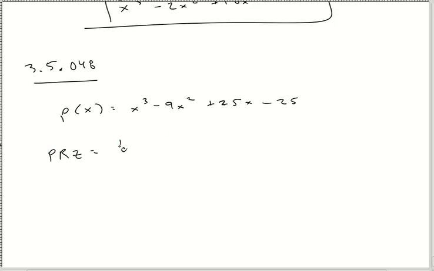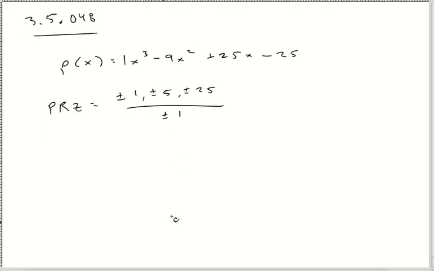Now, factors of 25 are not too bad: 1, 5, and 25, I guess that's it. Factors of the 1 in the front, just a 1. Well, that's super easy. It's not too many options. So let's start synthetic division, and hopefully I can get something that works pretty fast.